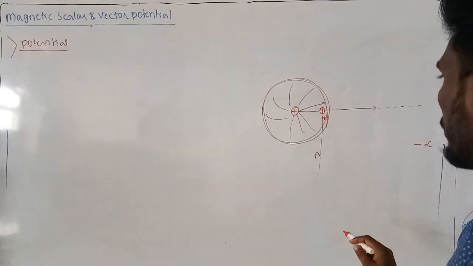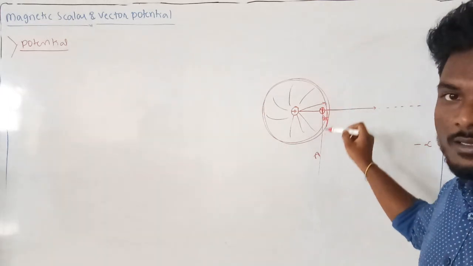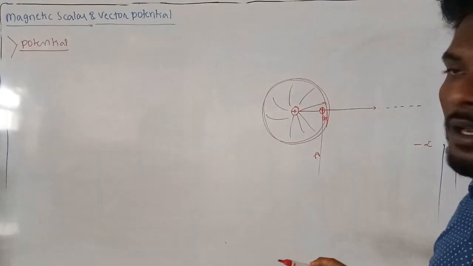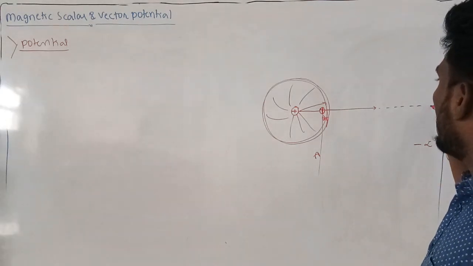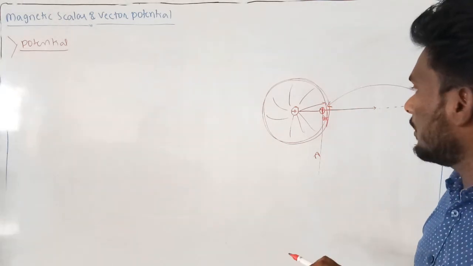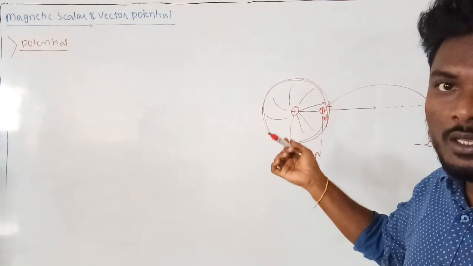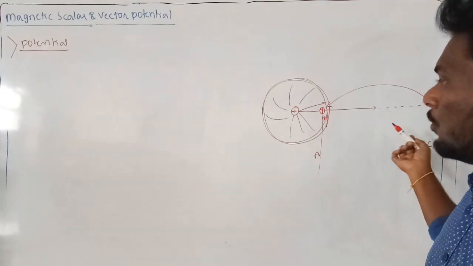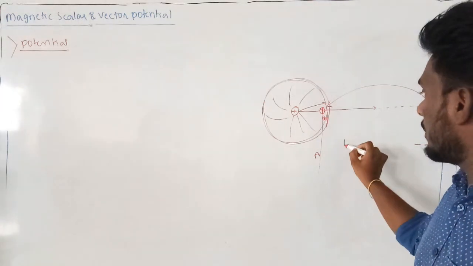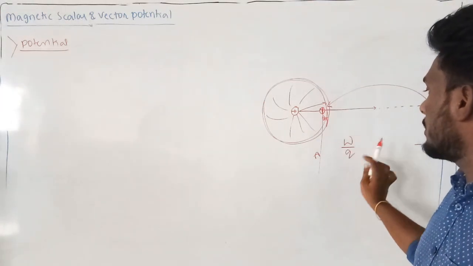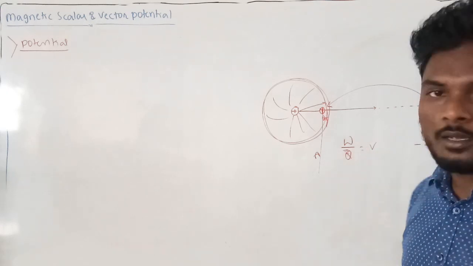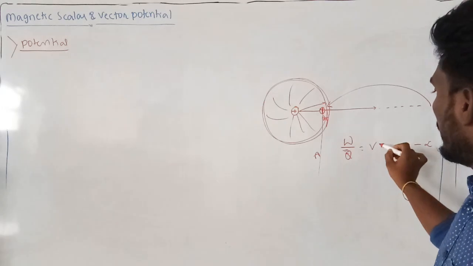To keep the test charge in the same position, an external source has to do work on the test charge to move it from infinity to the initial position A. That work done on a unit charge is defined as the electric potential, and it is a scalar quantity.